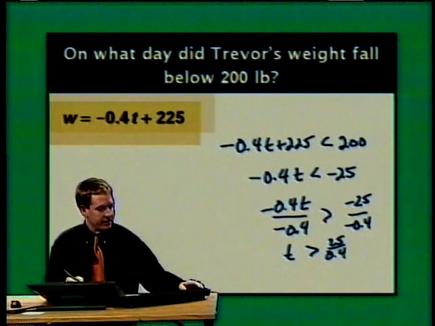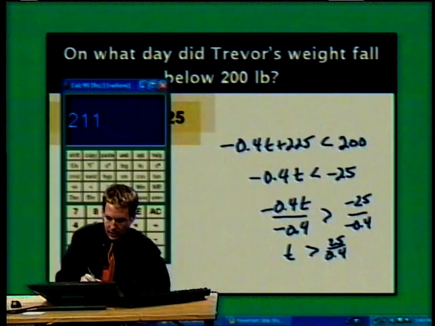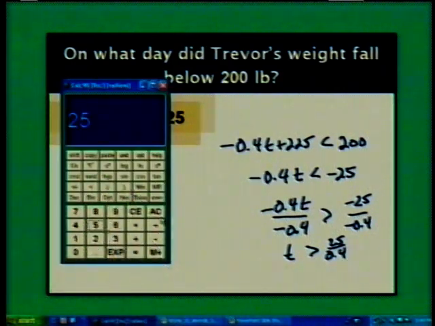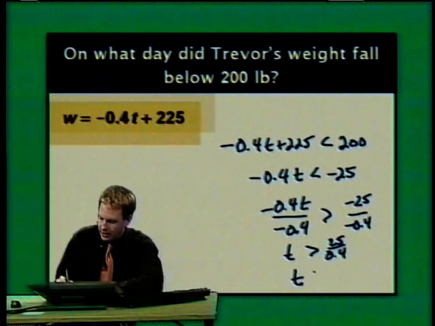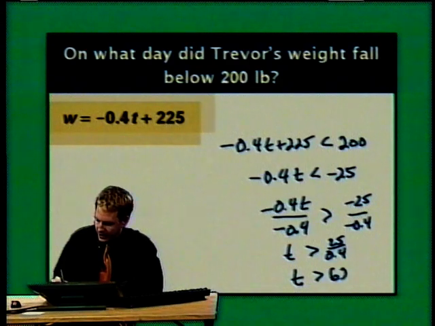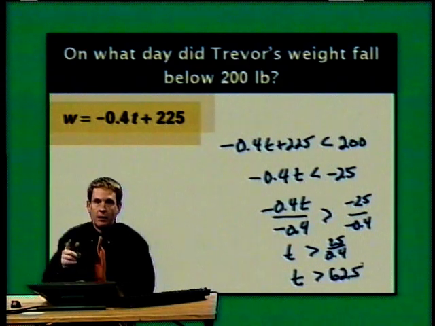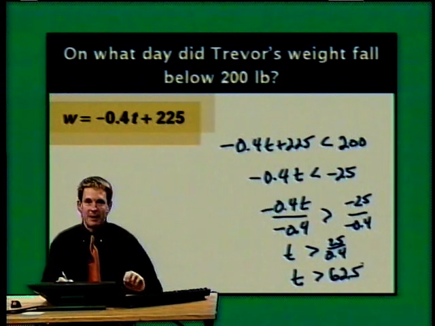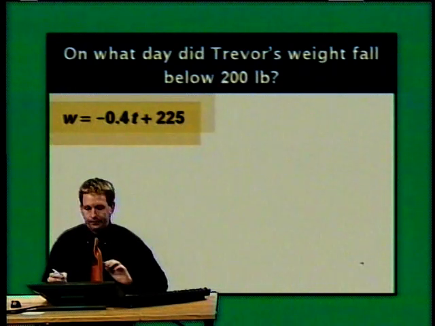Let's get out our calculator. 25 divided by 0.4 is 62.5. t needs to be greater than 62.5. Before I state a conclusion, let's make sure this answer makes sense.